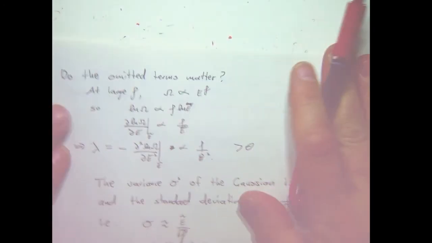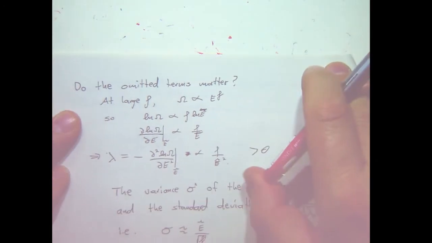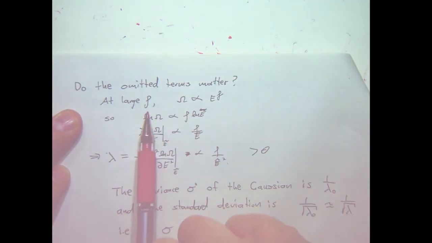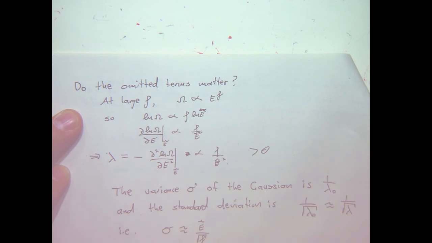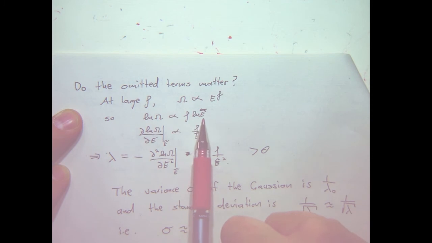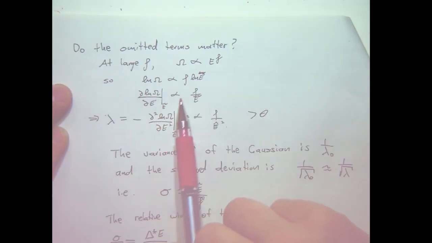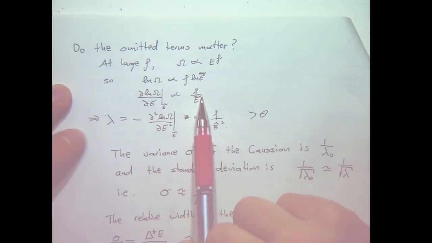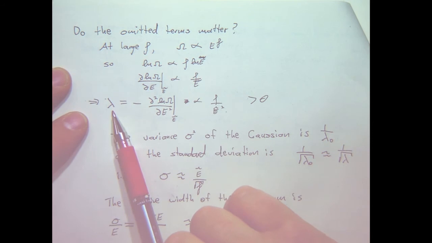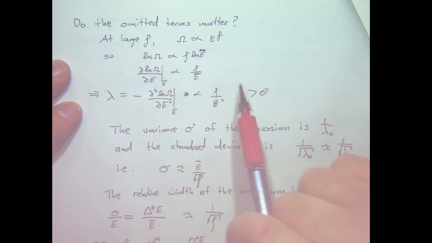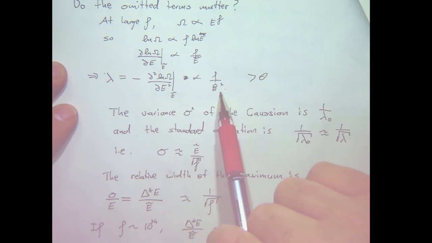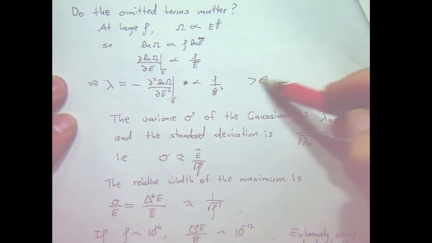Do the omitted terms matter? When do they matter? At large numbers of degrees of freedom, omega is proportional to E to the F, so that the log of omega is about proportional to F log E. The derivative then is proportional to F divided by E. So lambda, which is minus the derivative of that, is basically proportional to F over E tilde squared, and so that's positive.